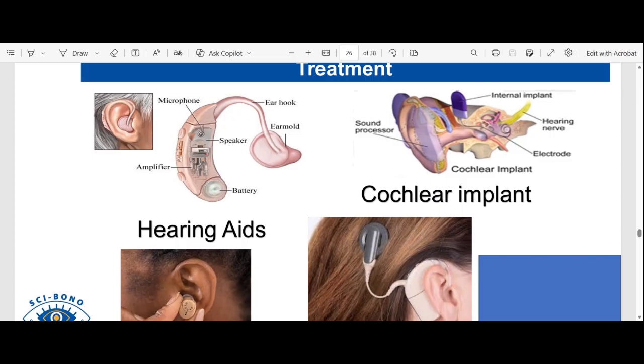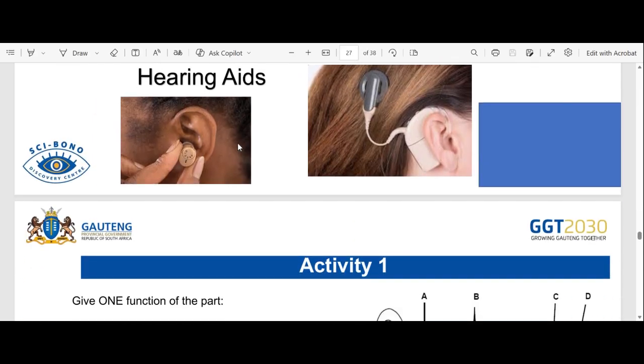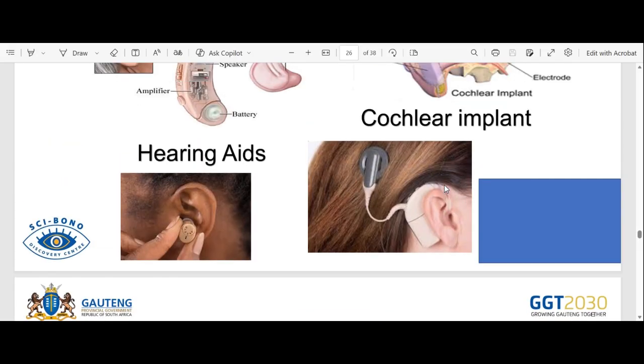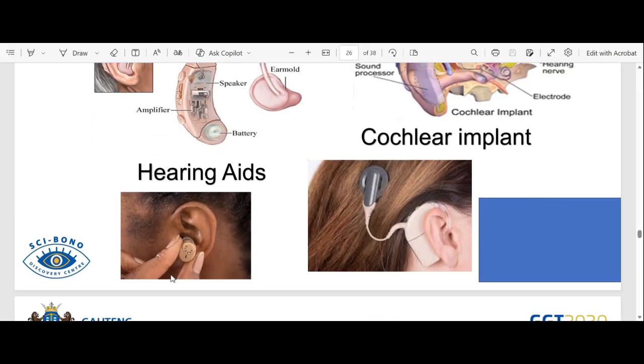Remember, inside the cochlea, we find the organ of Corti that converts stimuli into impulses, right? Cochlear implant. So this is a cochlear implant. This is your hearing aid, right? It's just an example of your hearing aid and your cochlear implant.